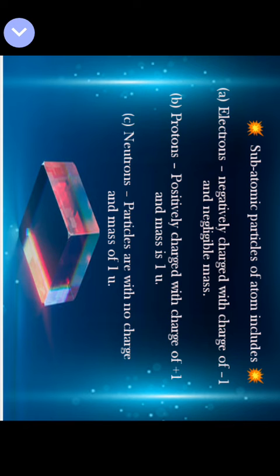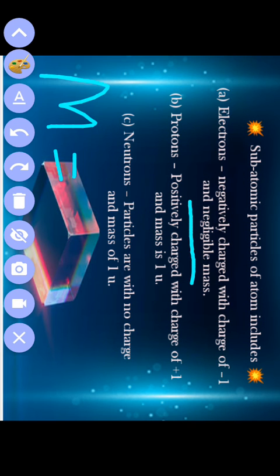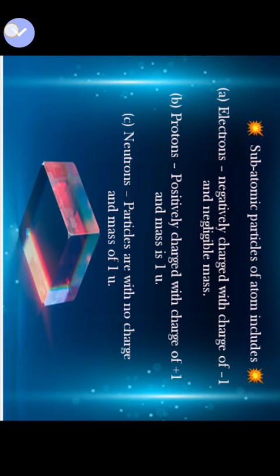Now I would like to tell you more about the mass of the electron, because it has negligible mass, but the actual mass of an electron is, let's say in a different color so you can get it easily.